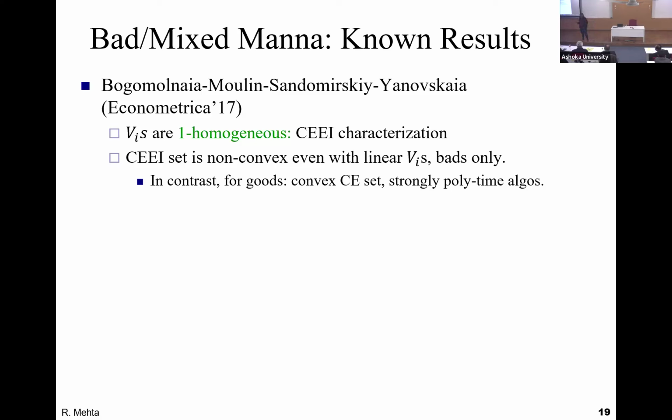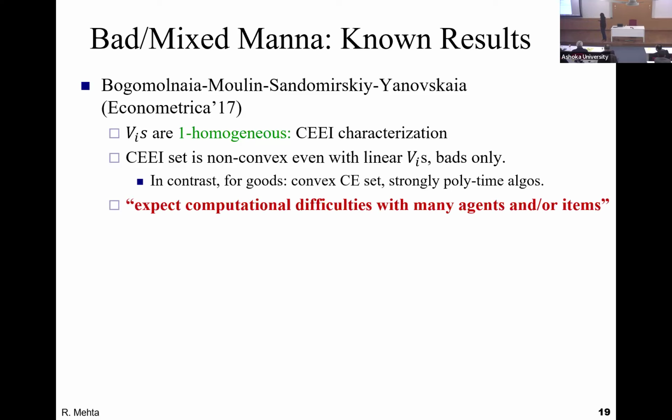This is in sharp contrast to having convex programs in the case of goods for linear, and strongly polynomial and polynomial time algorithms in the case of goods. And they said that we expect computational difficulties because of this non-convexity of the solution. This was the main thing, that even for the simplest case of linear valuation.